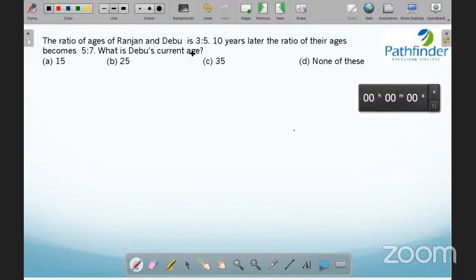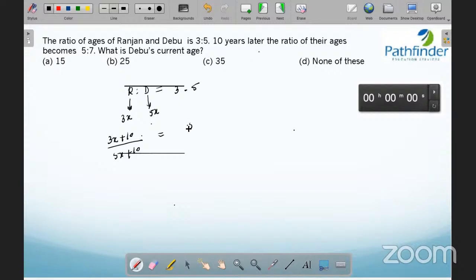Okay, the question says the ratio of ages of Ranjan and Debu is 3:5. So Ranjan to Debu is given as 3:5, which means Ranjan's age can be called 3x and Debu's age can be called 5x. 10 years later, Ranjan's age becomes 3x plus 10, and Debu's age becomes 5x plus 10.